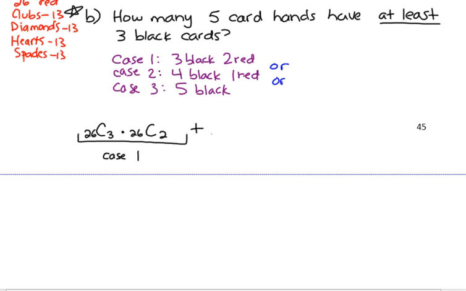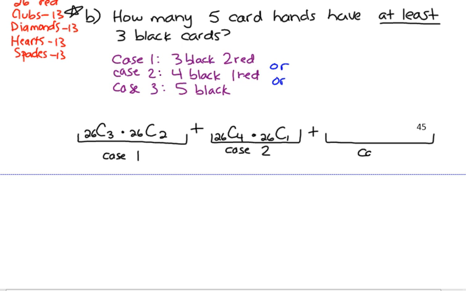Plus case 2. How many blacks total are there? Still 26, choose 4, times 26 reds, choose 1. Plus case 3.